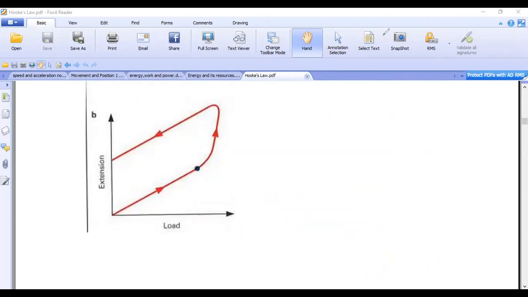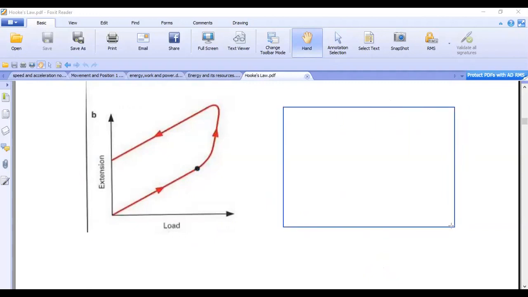Okay, but if the relationship between the extension and the load is like this, here is the load and here is the extension, you will also get a straight line at the beginning, which obeys Hooke's law. The gradient for this line equals delta y over delta x.